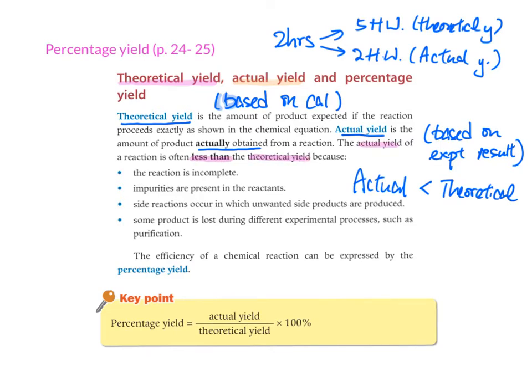There are certain reasons for that. You may need to memorize some of them. For example, the reaction doesn't go to completion. Maybe the reaction time that you allowed is not sufficient for the reaction to go complete, so only part of the reactants have reacted. Or maybe it is due to the impurity present. What does that mean?